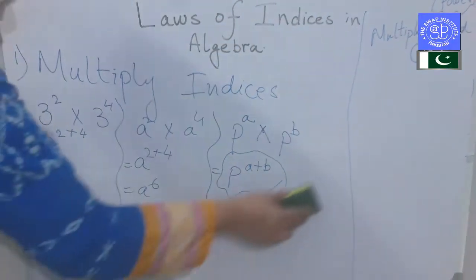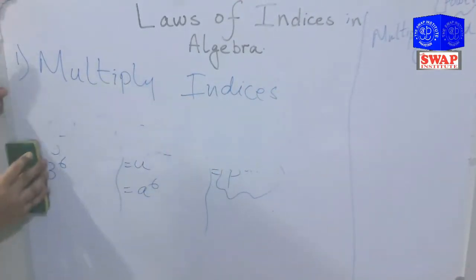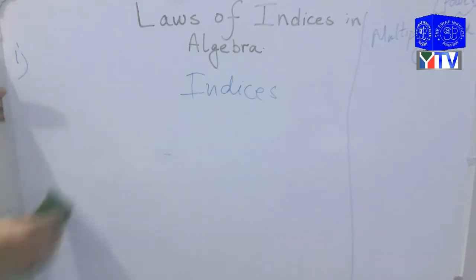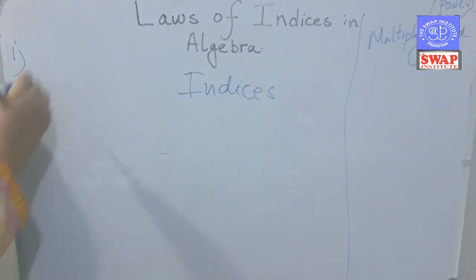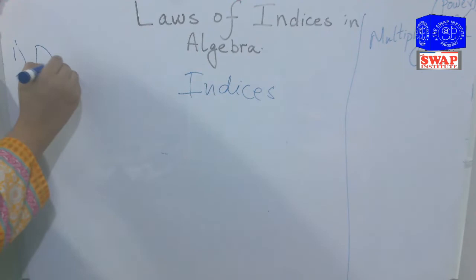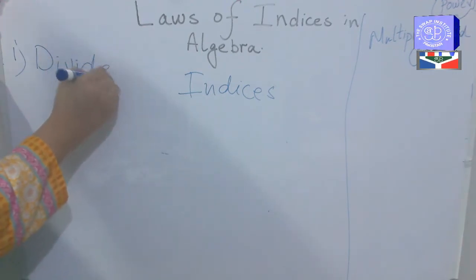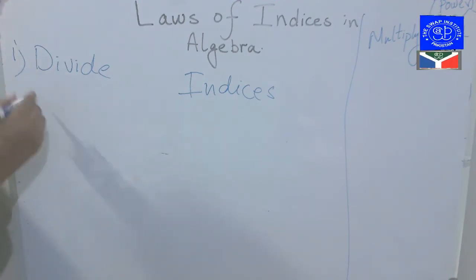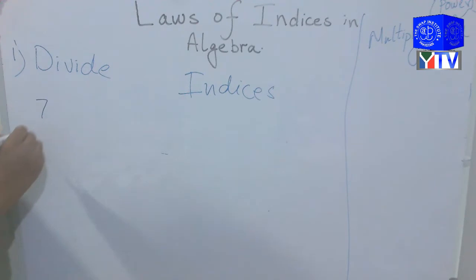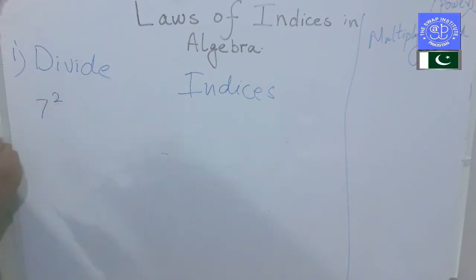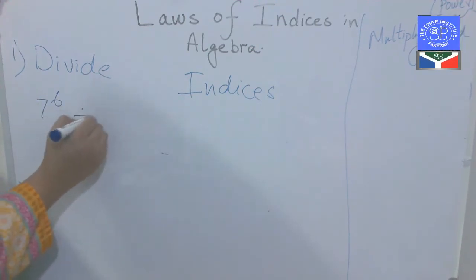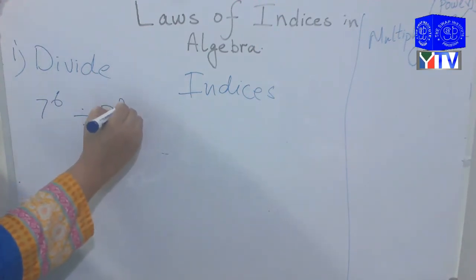Now we will move on to the second law of indices, which is dividing indices. If we are dividing indices, for example 7 raised to power 6 divided by 7 raised to power 2, what do we do?